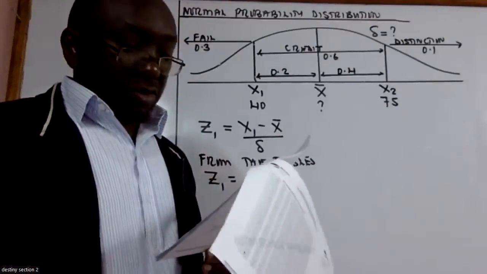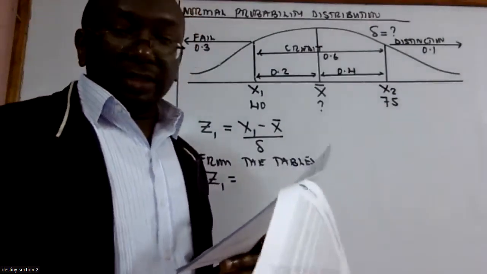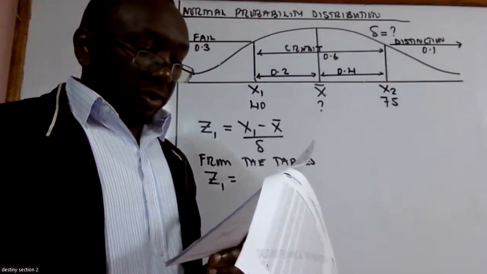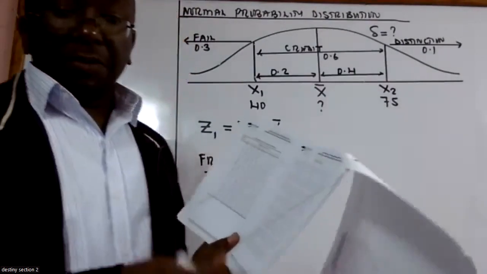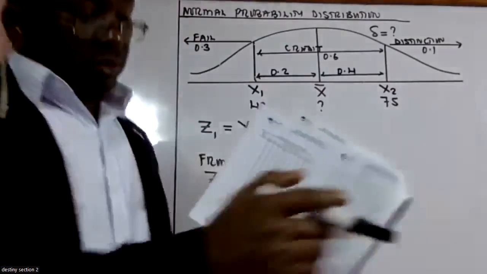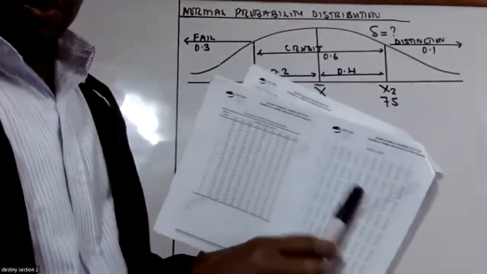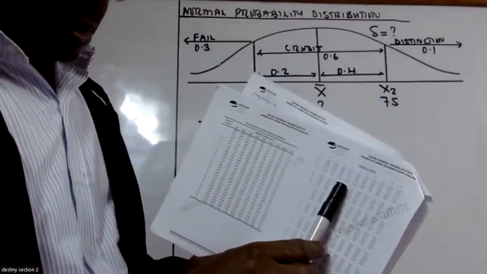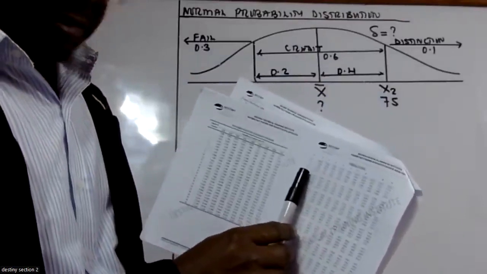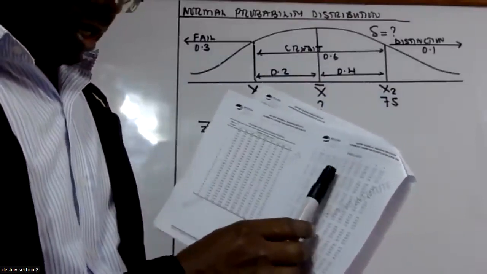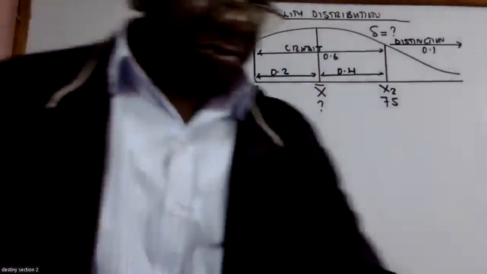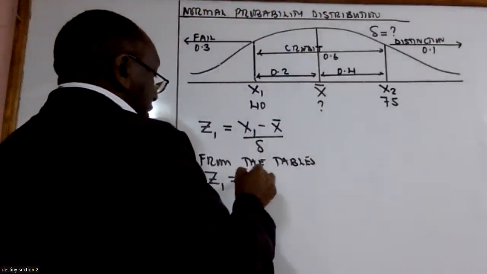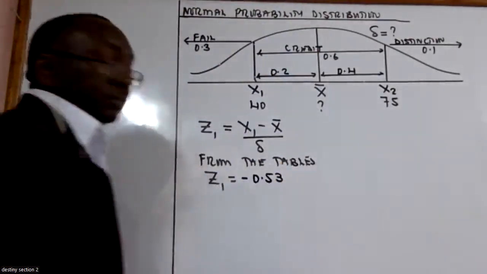Let's go for 5.3 because 5.3 has 0.201, isn't it? Yes. And the other one has 0.1985. I hope everyone has understood. We are looking inside here. And here I see there is 0.201, which is corresponding to 0.5 on this side. And here on top it is 3. So it is going to be 0.53. So this will be minus 0.53.